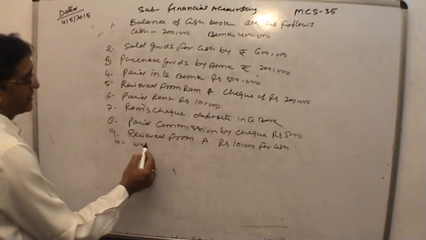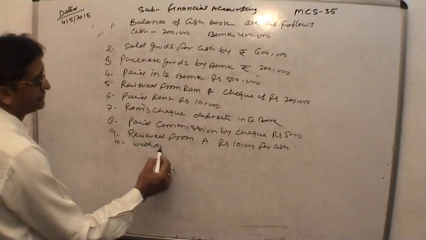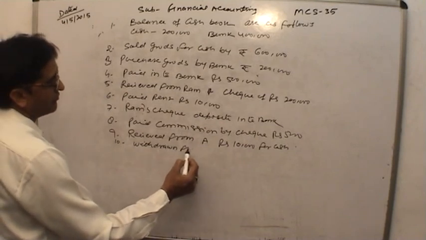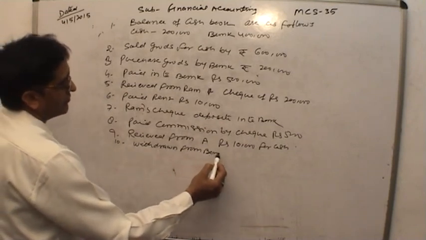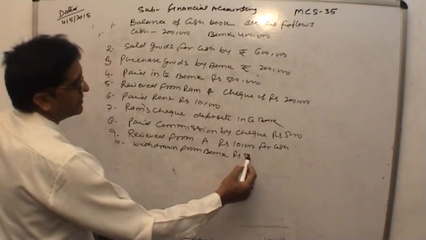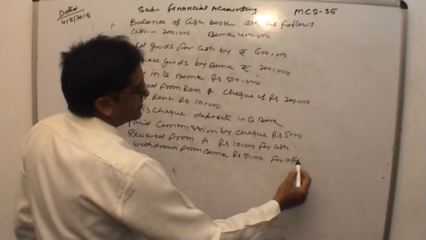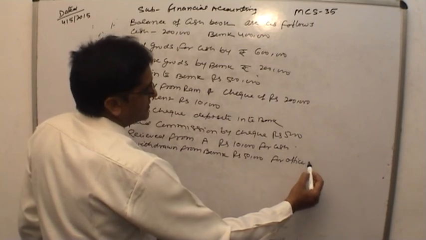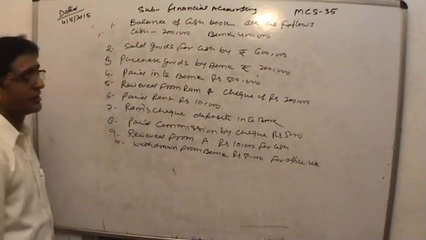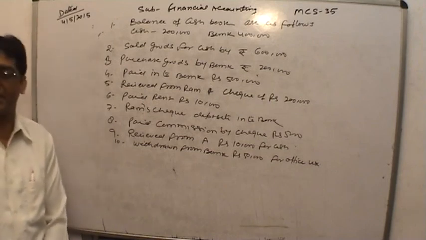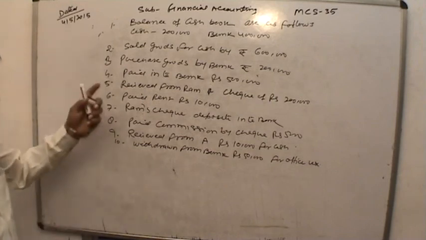And withdrawn from bank rupees 50,000 for office use. These are the entries. Now prepare the cash book by using these entries.